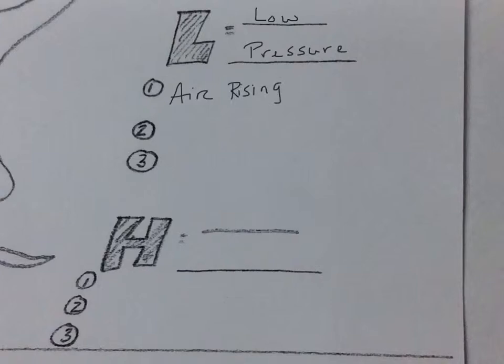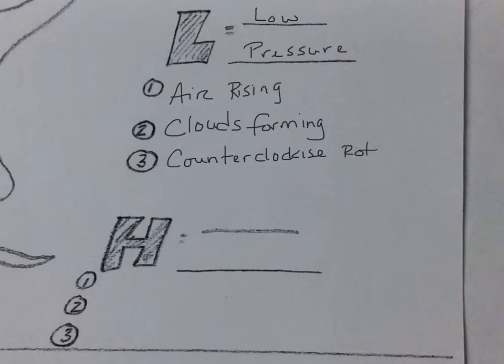Rising air also leads to the formation of clouds, so write down that where we have low pressure, we have clouds forming. The last thing that comes with low pressure is that it rotates counterclockwise. Would you write that down? Counterclockwise rotation. So weather is generally associated with low pressure.